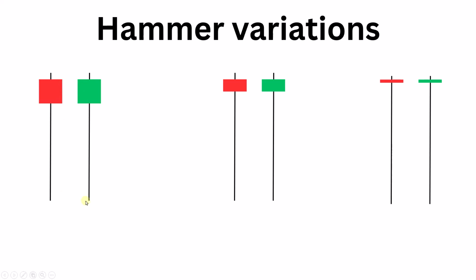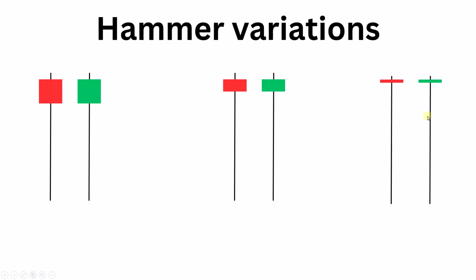So these are considered to be hammers. These are also considered to be hammers because the wicks are very long, more than 2 times that of the body. The bodies are small and we have small upper wicks. So these two are also considered to be hammers.